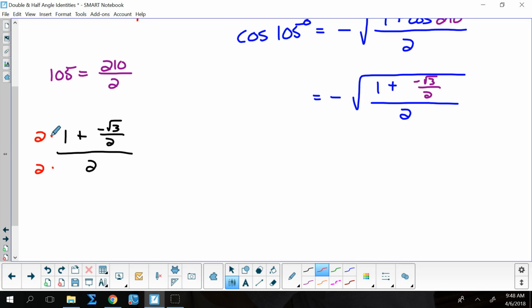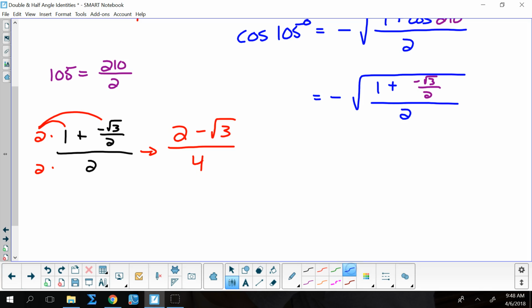Okay? So if I multiply everything by 2, then my top here is going to be 2 minus the square root of 3. Right? 2 minus the square root of 3. What's the bottom? 4.